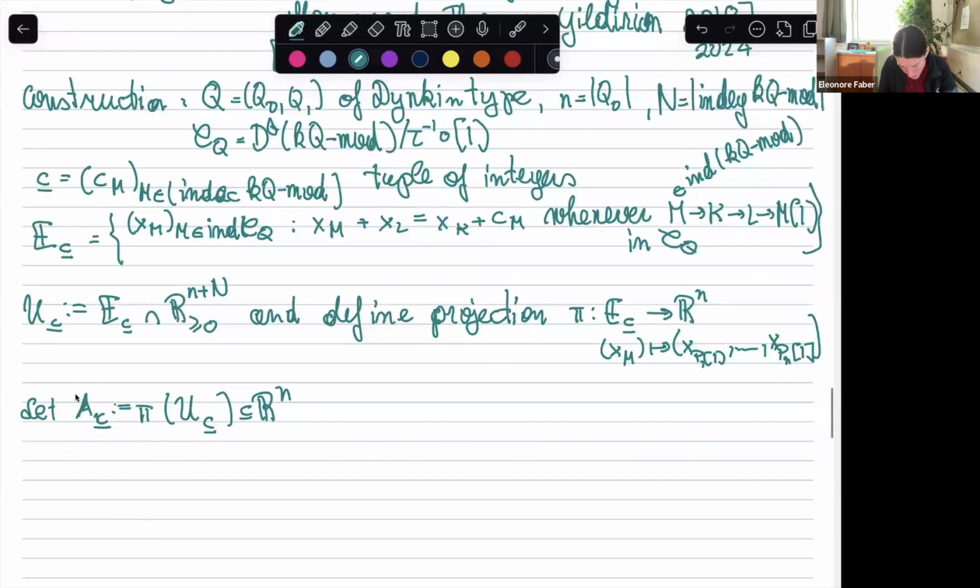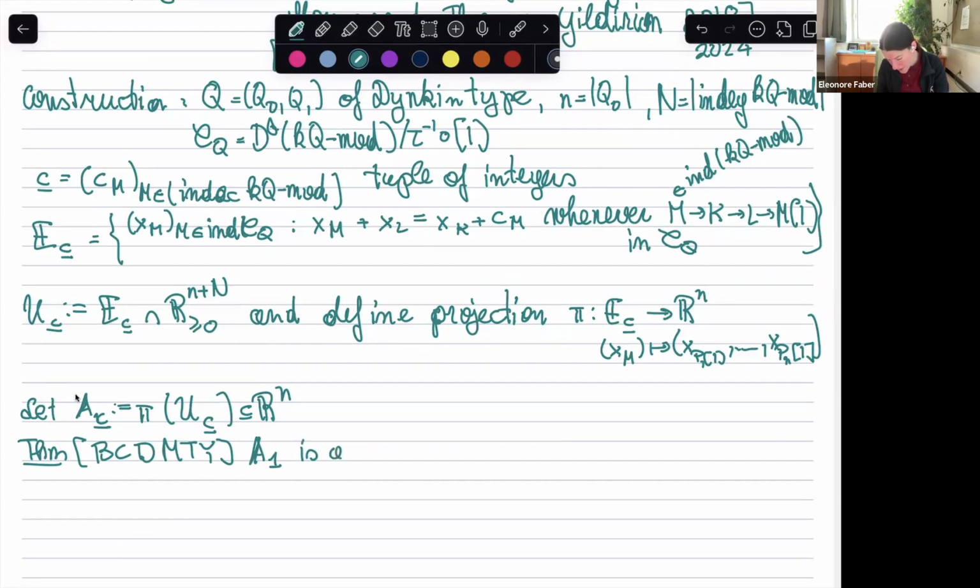So this is precisely the projection of UC in Rn. So this is the theorem of all these people. So I just write down the abbreviations. So it is BCDNTY. They say that A1. So I'm just interested when all the constants are equal to 1.